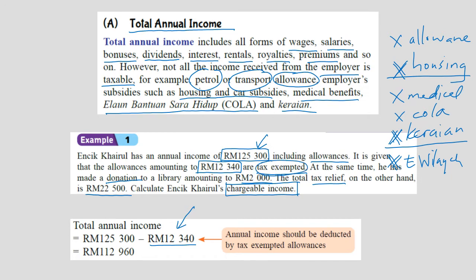So your total annual income is only this one, not this one, because you have to minus the allowances that are tax exempted. Okay? So calculate the chargeable income.